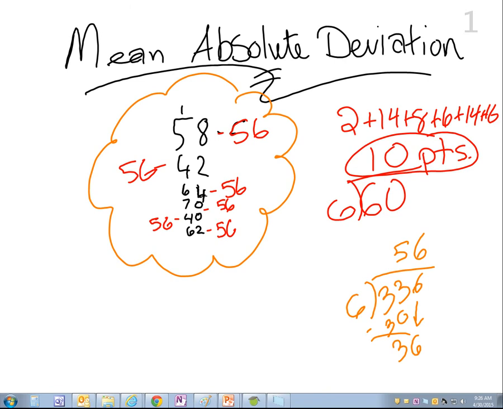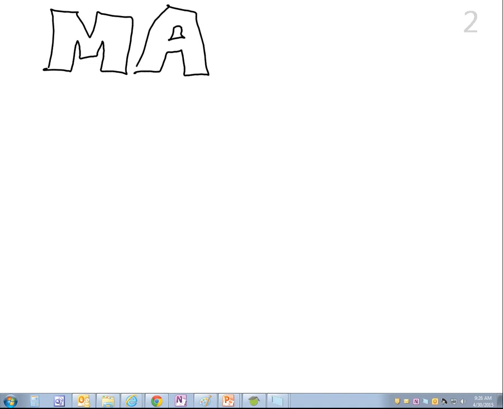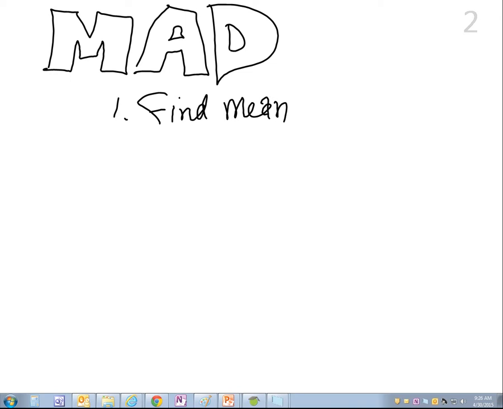Beautiful. So, in summary, to find the MAD, first thing, find the mean of the data. What's my second step in your own words? I'll write it down. Find differences, right?